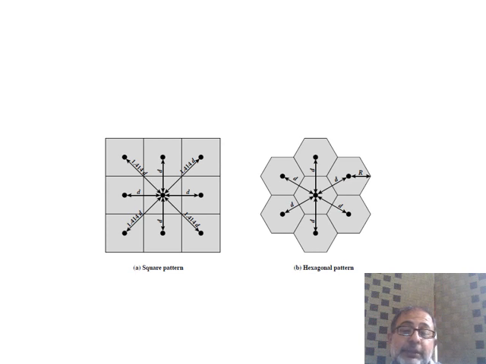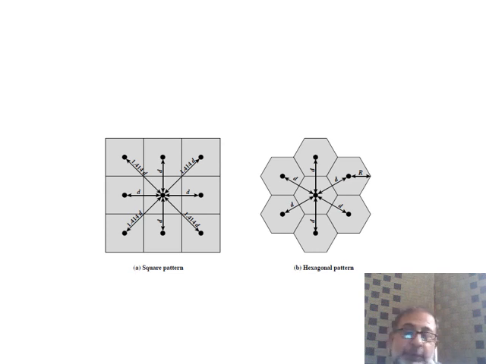The distances to the four cells which are above, below, on the right and on the left would be equal, but diagonally that would be a different distance. We need to have those distances equal so that it would help in calculating the value of the power that is transmitted, and it would later on help us in handoffs.